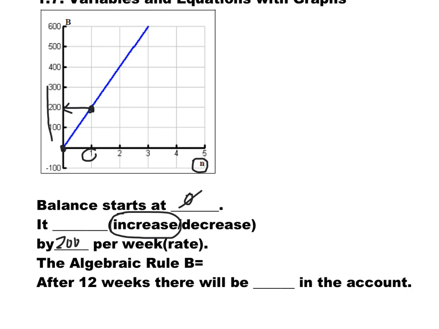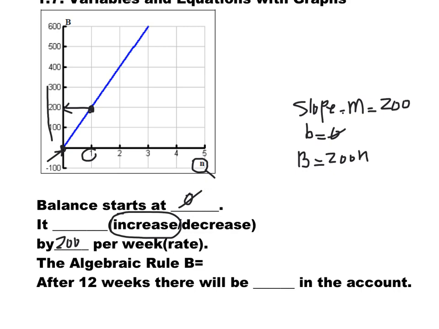So we can say the slope, which is m, is equal to $200. The y-intercept, which is b, is going to be 0 because this is the initial value of the balance. So B is the slope 200 times x, which here is n, plus the y-intercept, which is 0. So it's 200n.